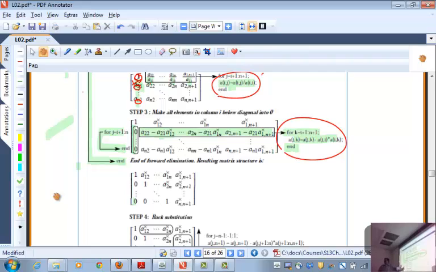But you're not going to use that. You're just going to use only the upper part of that for the last step, which is the back substitution step. So the forward elimination step gives you an upper triangular matrix. And the operation that is necessary to get there, this is the most efficient implementation of that operation. But there is another way of looking at it as an LU factorization, and we will show that later on.